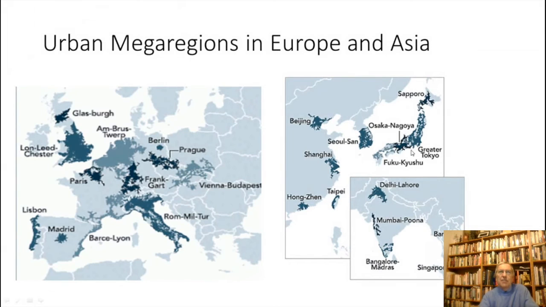I think Japan's about the size of California, and California has like 35 million, but here they have more than 100 million people crammed into a similar size area. And then you see some mega regions developing in China around Beijing, the capital, and Shanghai on the coast, and so on. So the mega regions are a worldwide phenomenon.